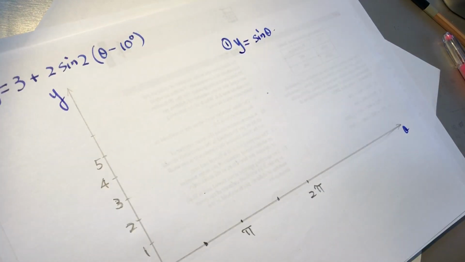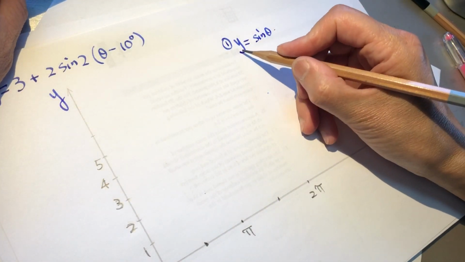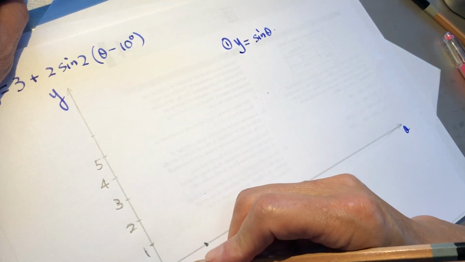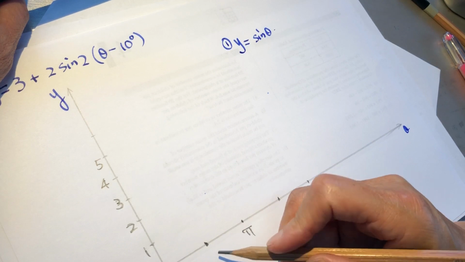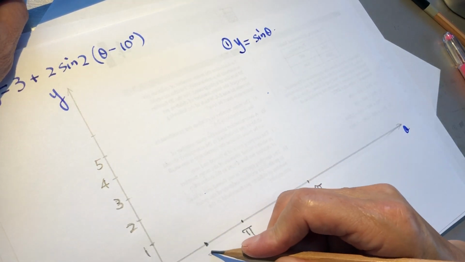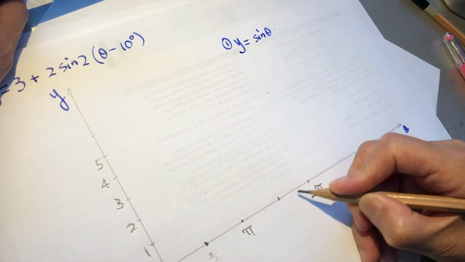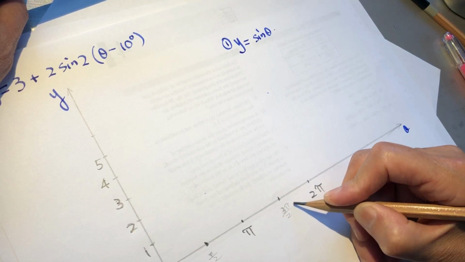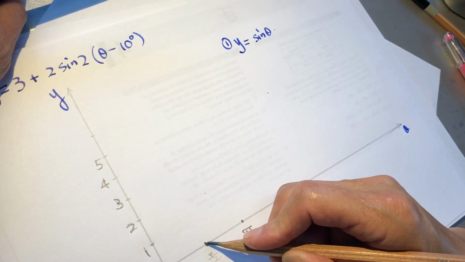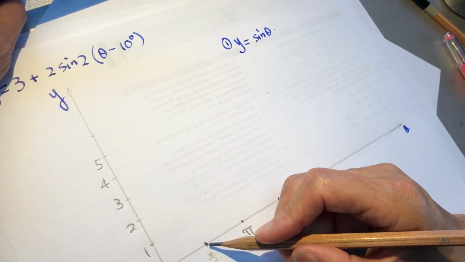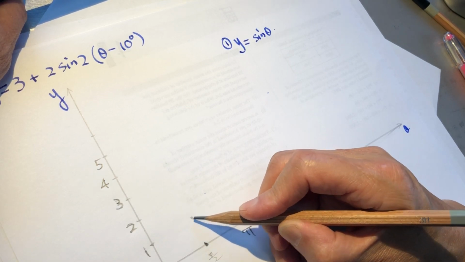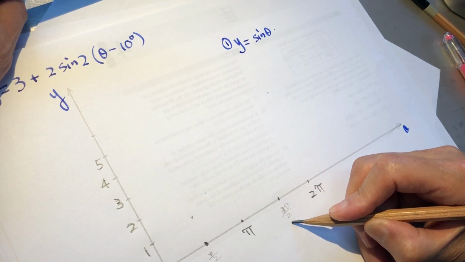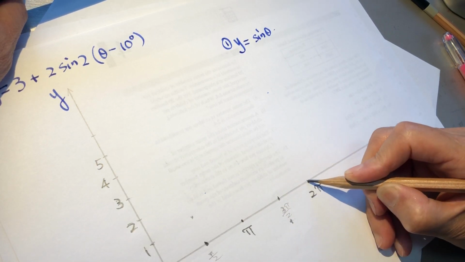We already know that for y equal to sine theta, the rotation starts from 0, then half pi, then 3 pi over 2. When theta is half pi, y is 1; at pi it is 0; at 3 pi over 2 it is -1.